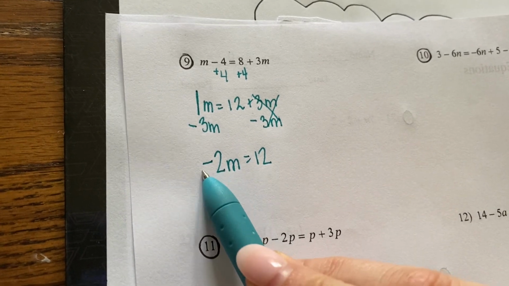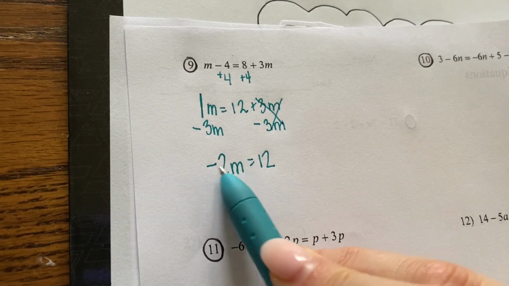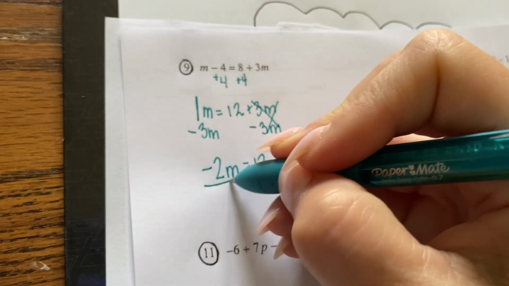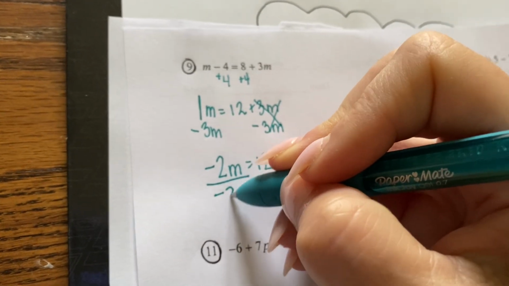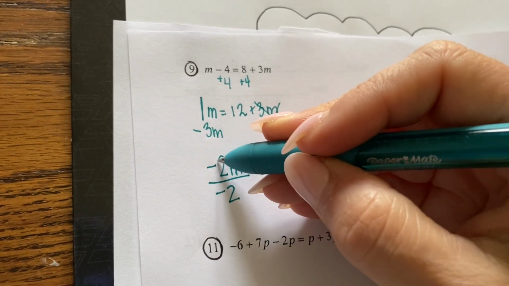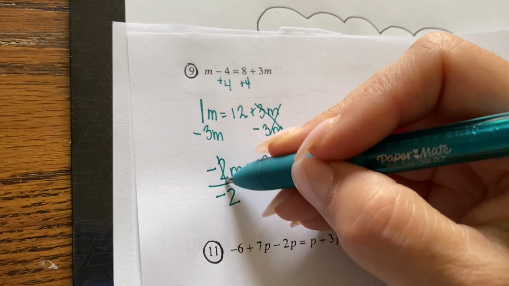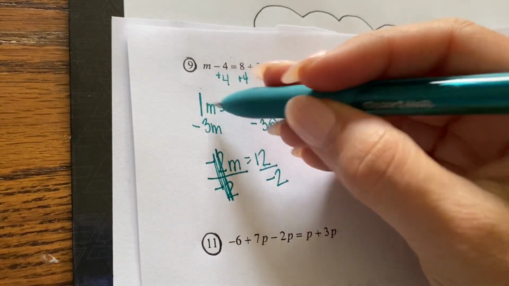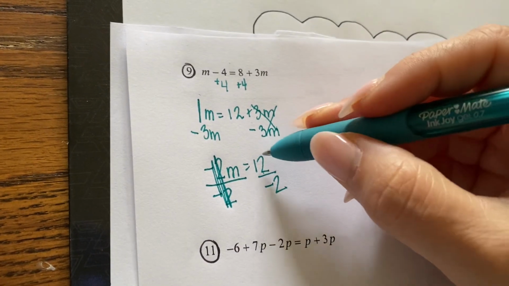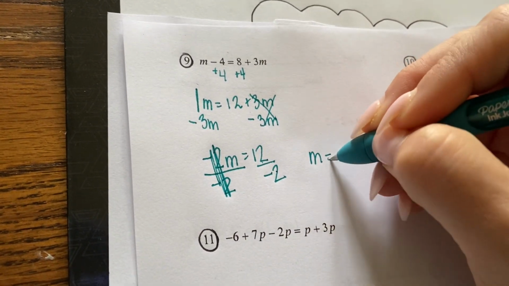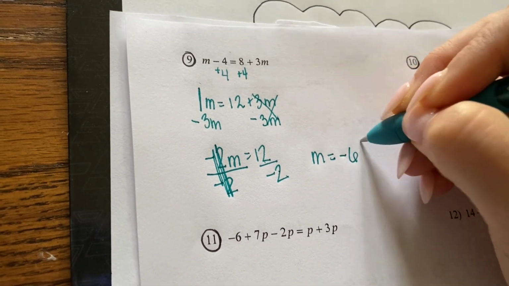Now, negative 2m is multiplication, so the opposite would be dividing. Negative 2 over negative 2 turns to a 1. So I'm back to having a 1m. And 12 divided by negative 2 equals negative 6.